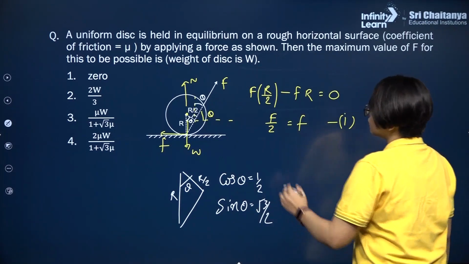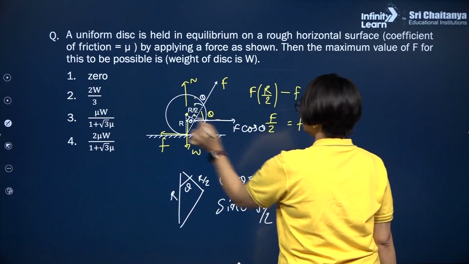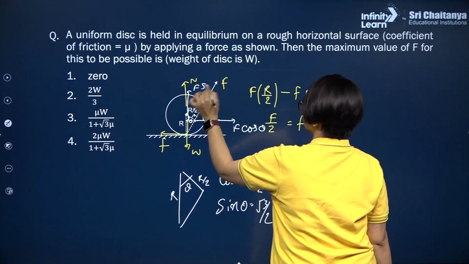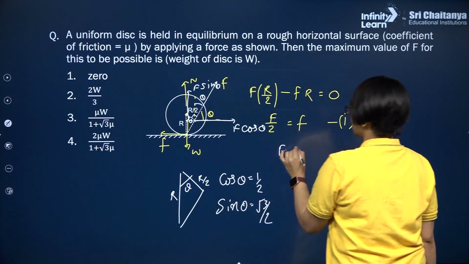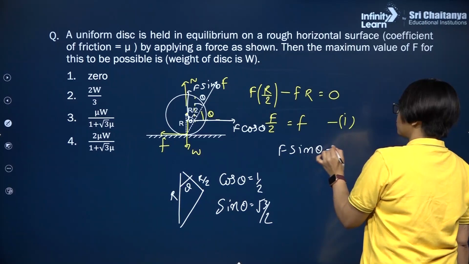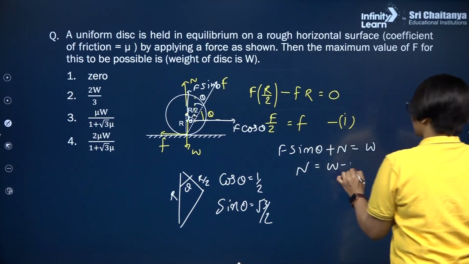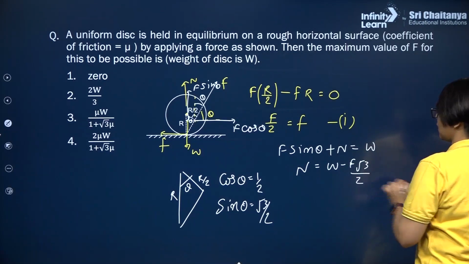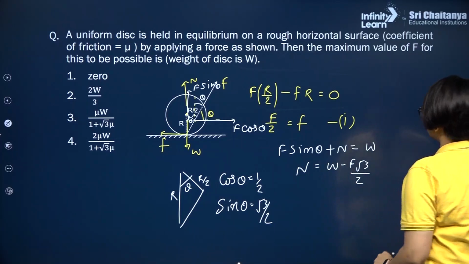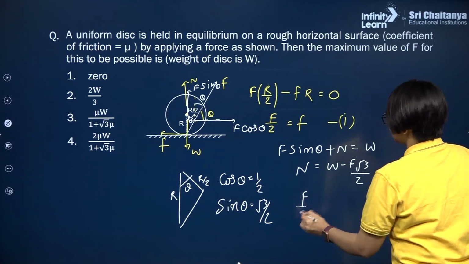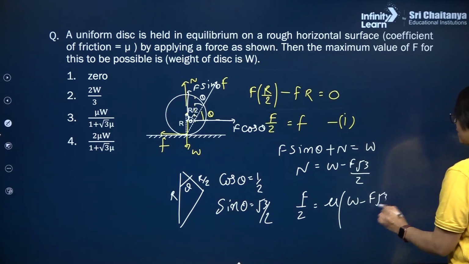So, if you resolve this force along two directions, it will be F cos theta and this component is F sin theta. F cos theta is balanced by friction, and F sin theta plus normal is balanced by W. So, normal will be W minus F sin theta, which is F root 3 by 2. Put the value of normal here, as friction is mu into N. So, F by 2 is equal to mu into N, which is W minus F root 3 by 2.